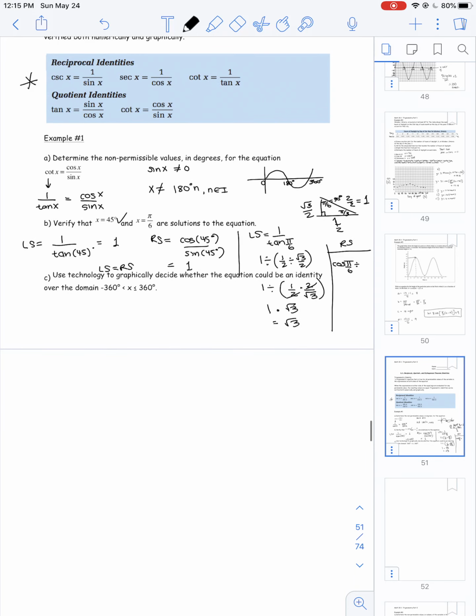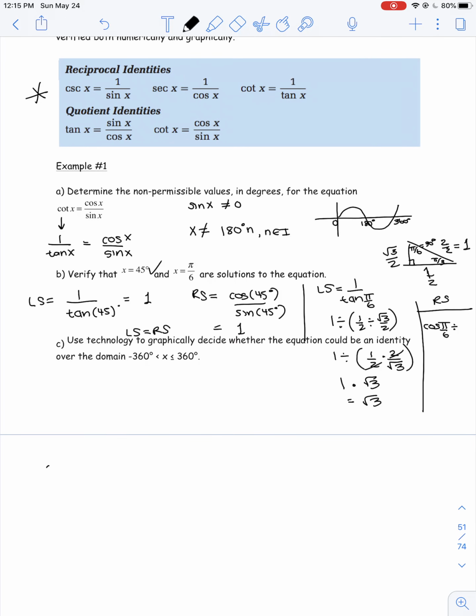Okay, so I'll just continue that over here. So I know that cos pi over 6, I'm dividing by sine pi over 6. Now my goal is to get root 3. If I get square root of 3 as my answer, then I know that left side equals right side.